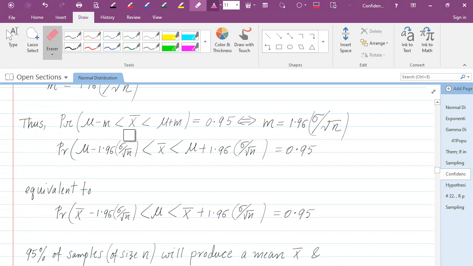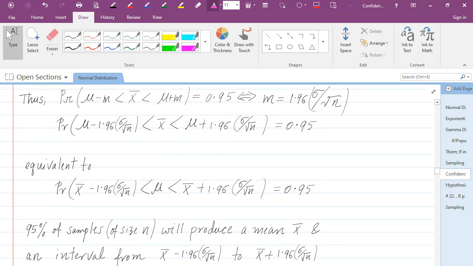Now, because m is this value, I can say that the probability that x bar is between mu minus 1.96 times sigma over root of n and mu plus 1.96 times sigma over root of n, that is, the probability that x bar is this many units from the population mean, is 95%. Now this set of inequalities is equivalent algebraically to the set of inequalities here.